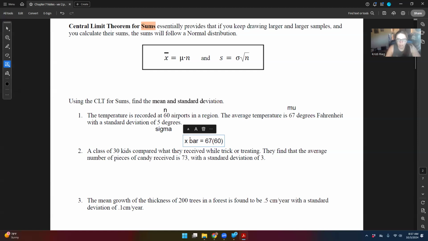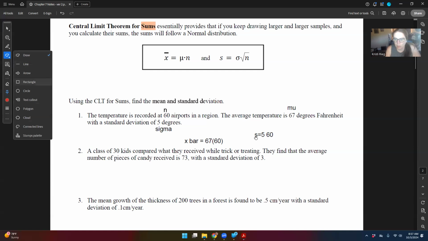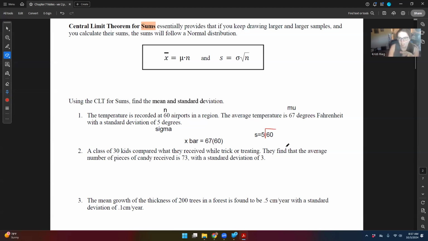But for what we're going to do, I don't even need you to multiply it out. And then our S is going to equal sigma times the square root of n. So sigma times the square root of 60. Again, you don't need to simplify it, just leave it right like that.